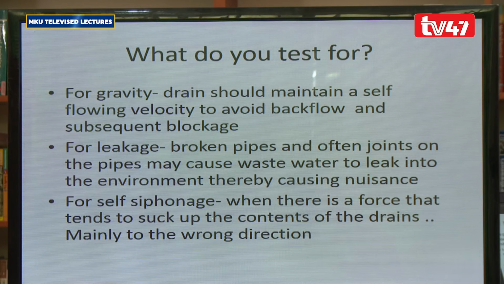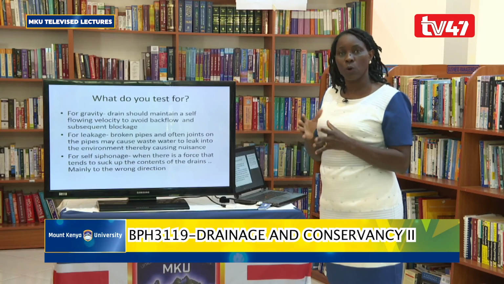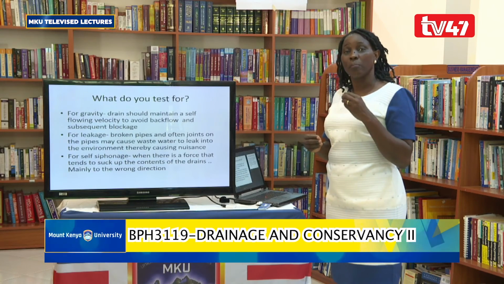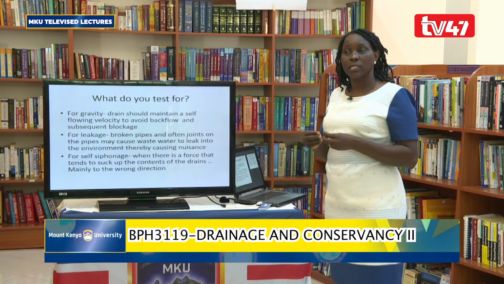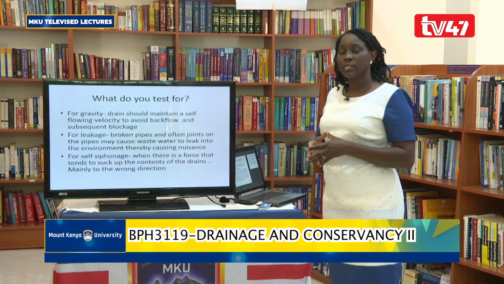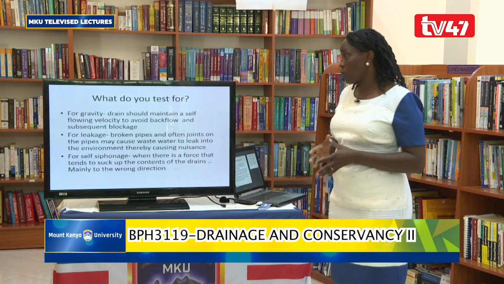If the gravity is not adequate, if the velocity of the water is not adequate, then you're going to have wastewater flowing very slowly, and the slow flow is likely to make the solids remain on the surface of the drain pipe, and this can slowly build up to cause clogging and finally blockage. Therefore, it's important to continually check the drainage system for gravity and for easy flow.